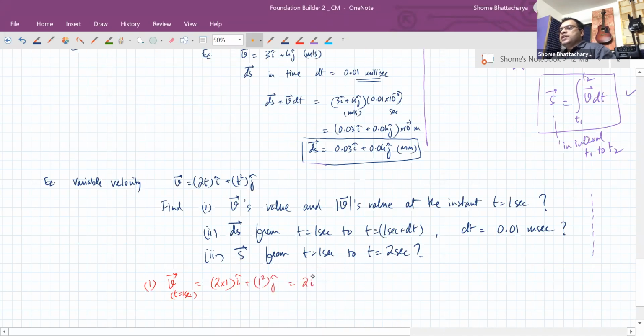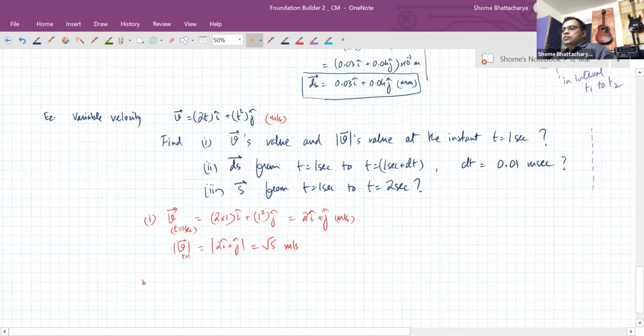So that is 2 i cap plus j cap in meters per second, because I'm assuming this is given in meters per second. So that's the first thing. This is the velocity's value. So the magnitude of the velocity at t equal to 1 will become mod of 2 i cap plus j cap. So that is root 5 meters per second. Okay, so that's the first part.